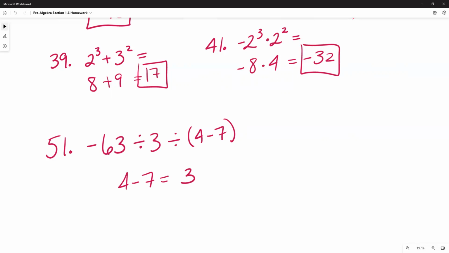So it's 3. So 4 minus 7. So 4 minus 7 is 3. Is 7 bigger or smaller?